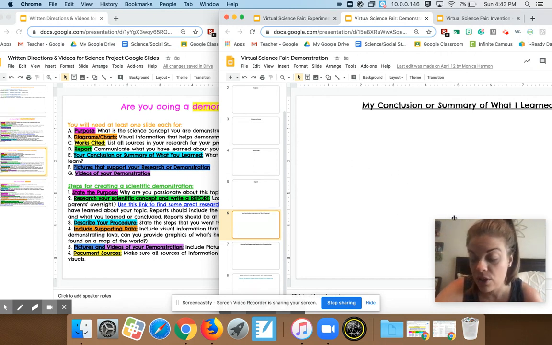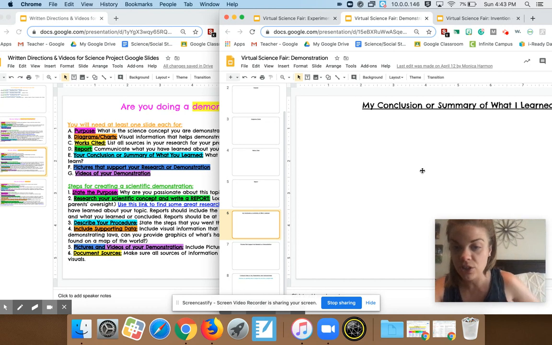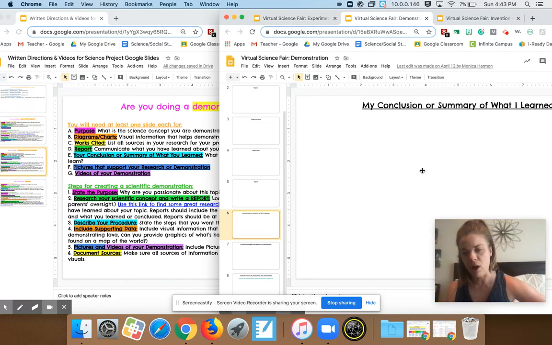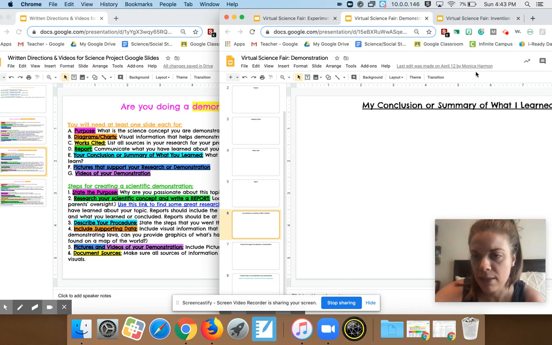If you want, you can also make a video here of what you learned as well. But like I said, if you're not entering this in the science fair, you don't actually have to do a demonstration if you don't want to. Now, if you are entering the science fair, that's a requirement for the science fair, so just make sure that you have a demonstration along with your research project, and that can be something super small. It does not have to be a big project, but it should be some sort of demonstration on what you learned, really anything you learned.